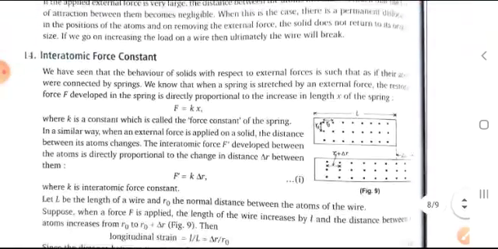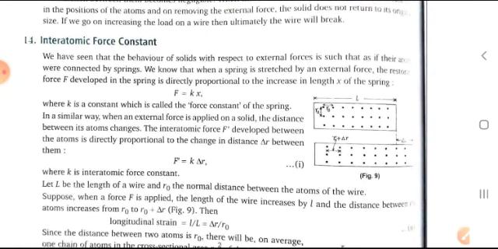On this basis, the interatomic force constant can be shown here.